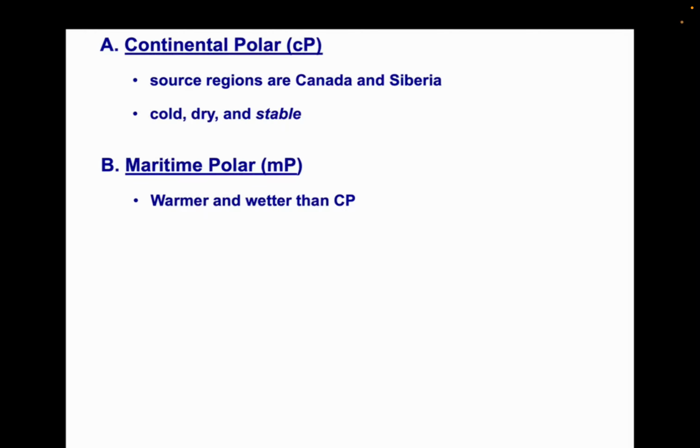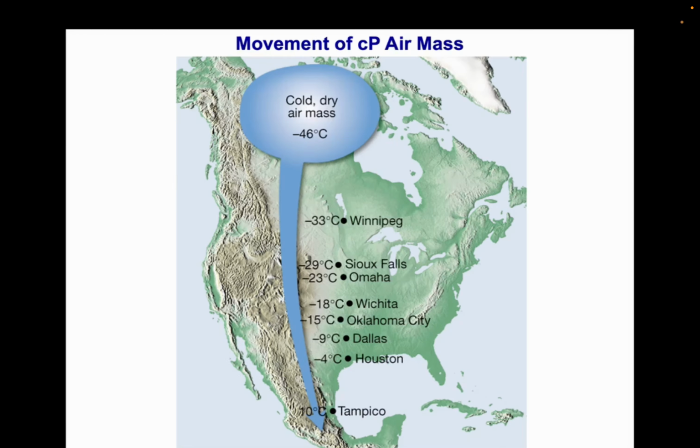While the maritime polar is relatively warmer and wetter compared to continental polar, because they come from the maritime region, even if they are relatively closer to the poles, there is abundant moisture available. So the maritime polar is always going to be warmer and wetter than CP, the continental polar, right?